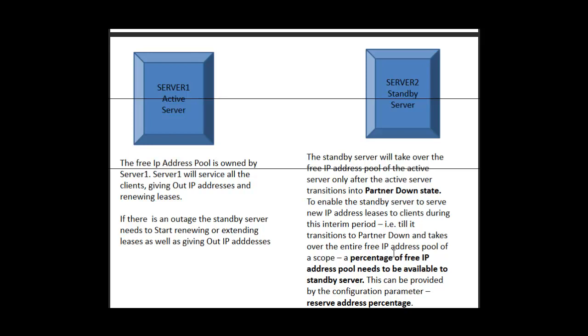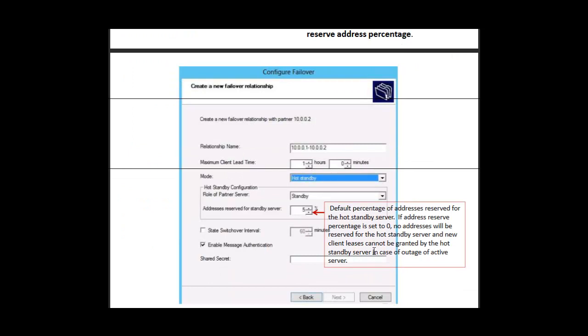For the standby server, you have a percentage of free IP addresses that needs to be available to this standby server. And you can configure that percentage in the configuration settings for the server. Let's take a look.